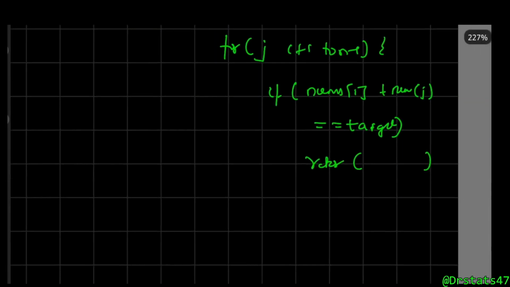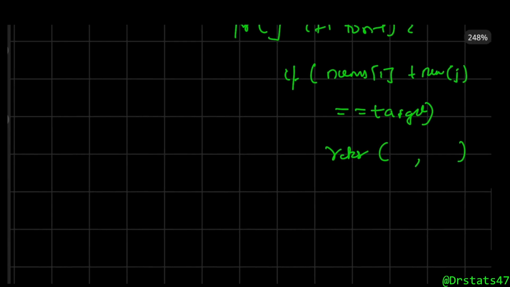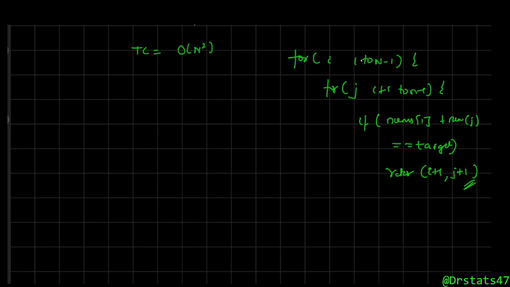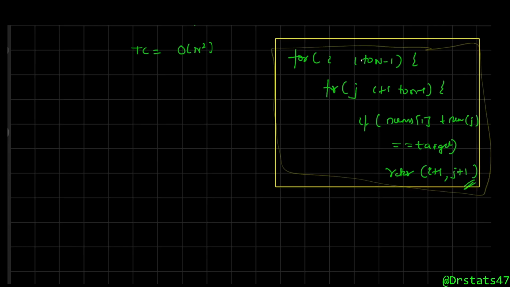Here, what do we have to return? Pause the video and comment down. What we have to return is i plus 1 and j plus 1. This is the solution for brute force, but it will take a time complexity of order n square.